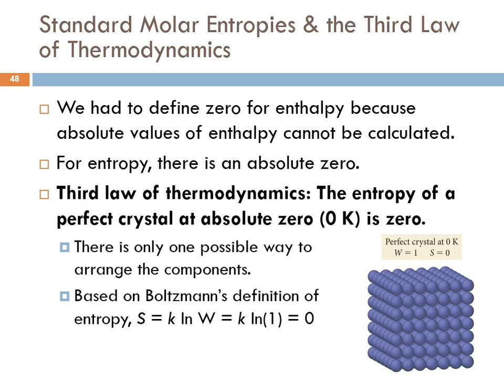They're fixed in position. They are all ordered. There is only one possible arrangement for them, and they're not vibrating. There's only one place to put energy. So W is 1. There's one arrangement. Boltzmann's definition of entropy, entropy equals a constant times the natural log of W. Well, if W is 1, the natural log of 1 is 0.